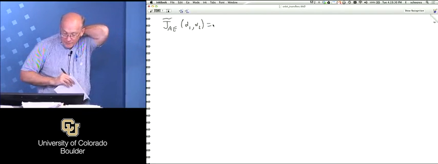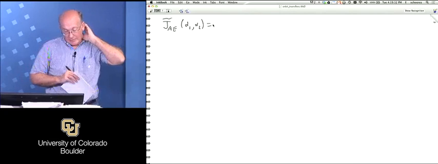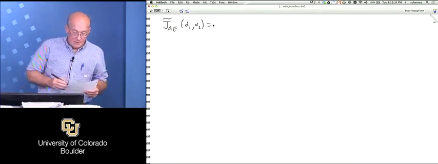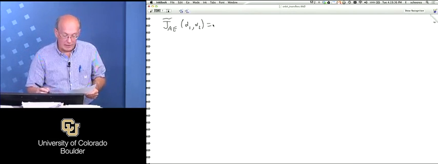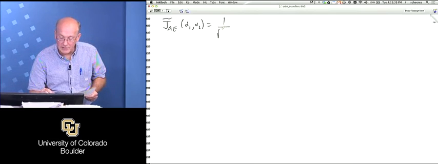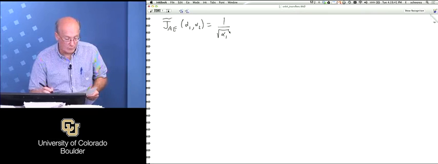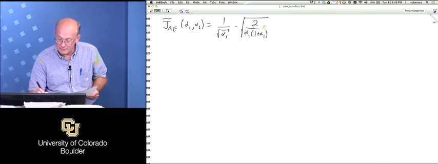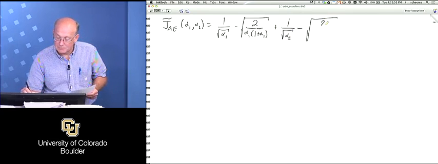The first one is for the elliptic aero-assist option as a function of alpha 1 and alpha 2. After normalization, this is 1 over square root alpha 1, minus root 2 alpha 1 over 1 plus alpha 1, plus 1 over root alpha 2, minus root 2 alpha 2 over 1 plus alpha 2.